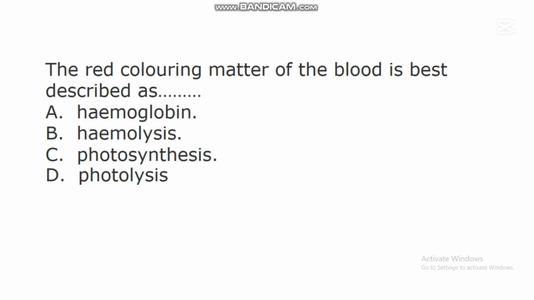In this question, the correct answer is A. Hemoglobin. Hemoglobin is the red coloring matter of the blood. Studies have shown that this hemoglobin is a red pigment found in the blood, and this hemoglobin is responsible for the red color of the blood of an animal.